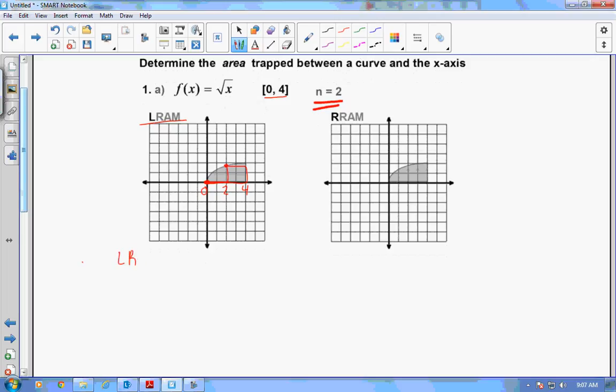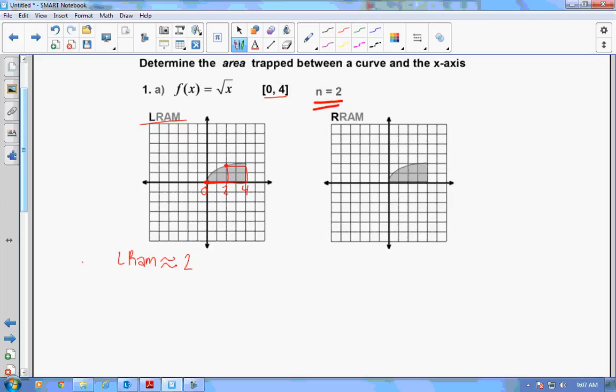Okay, so we can actually find that approximation now using our knowledge of rectangles. So LRAM is approximately, remember this is an approximation. So area of rectangle is length times width, right? So what's the length and width of our first rectangle from 0 to 2? You can at least tell me the width, right? Width is 2, and how tall is it? 0.